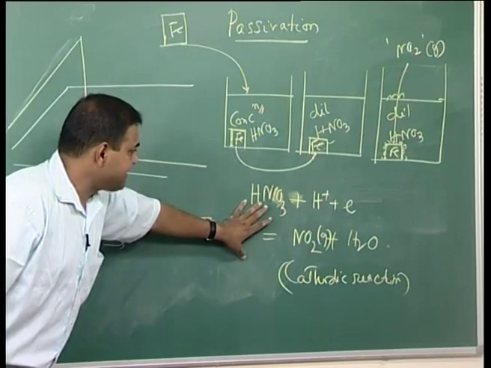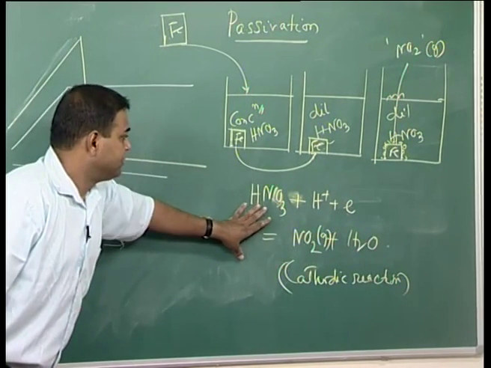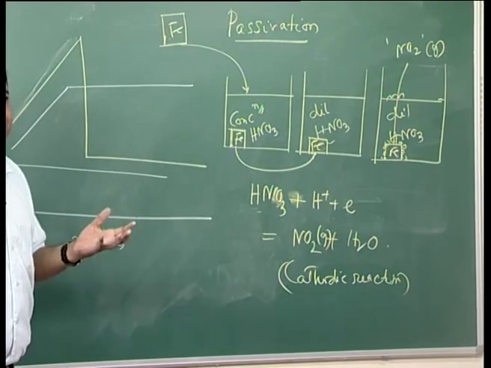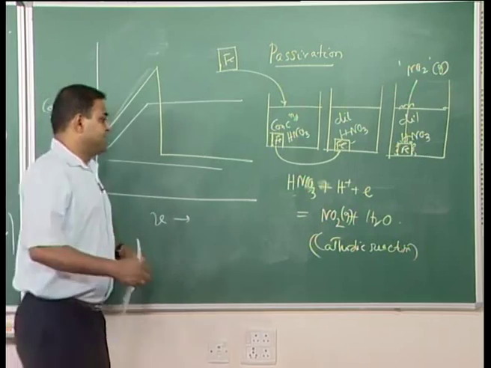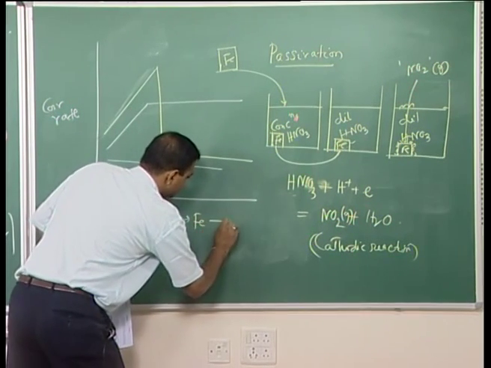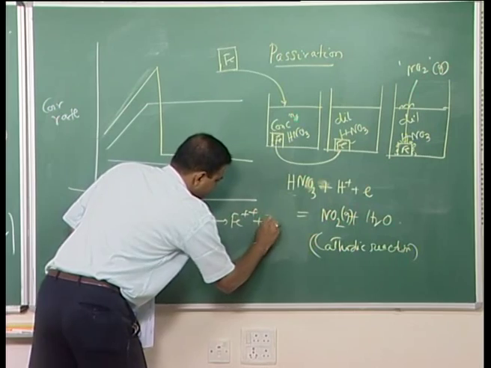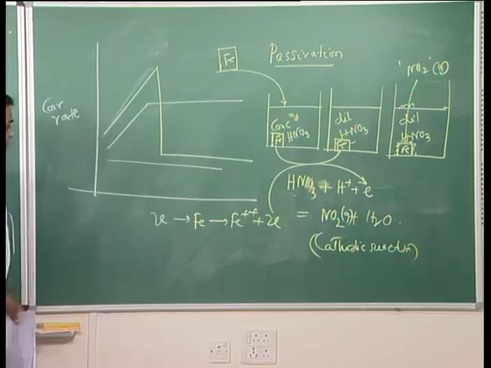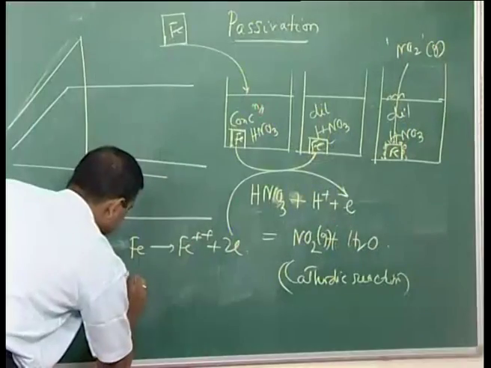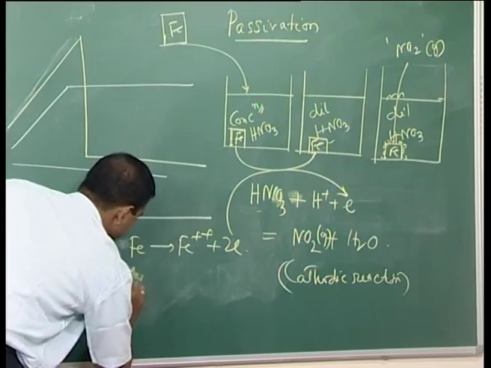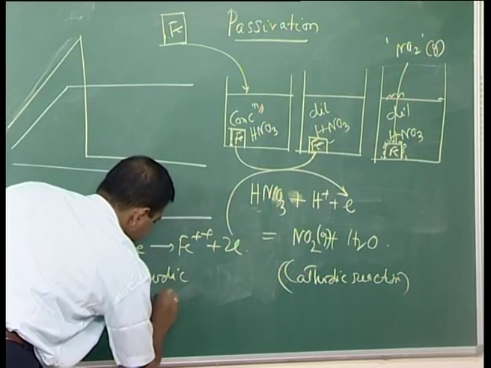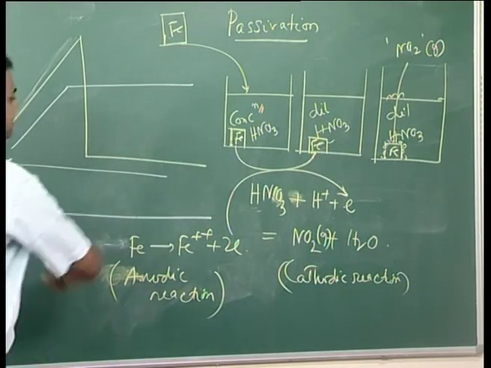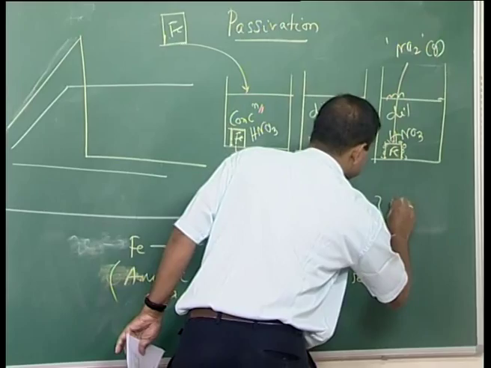So if this reaction is happening and it needs electrons, who will supply the electrons? The only thing that can supply electrons is iron, which has to corrode. These two electrons will go there. So that means we have a cathodic reaction and an anodic reaction.